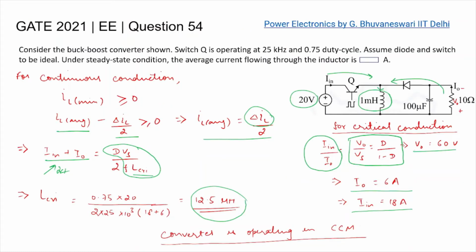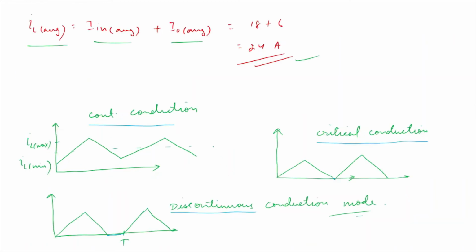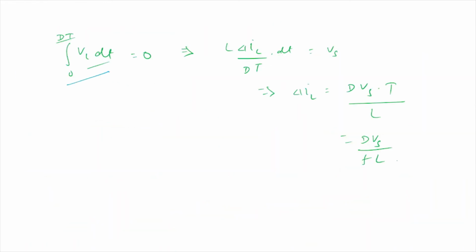Now, I have done this from the expressions. If the minimum value of inductor current is greater than or equal to zero, then our converter will be in continuous conduction mode. Then IL average minus del IL by 2 would be equal to the minimum value of inductor current, and del IL you can calculate from the volt-second balance, VL dt from 0 to dT, meaning the conduction time.